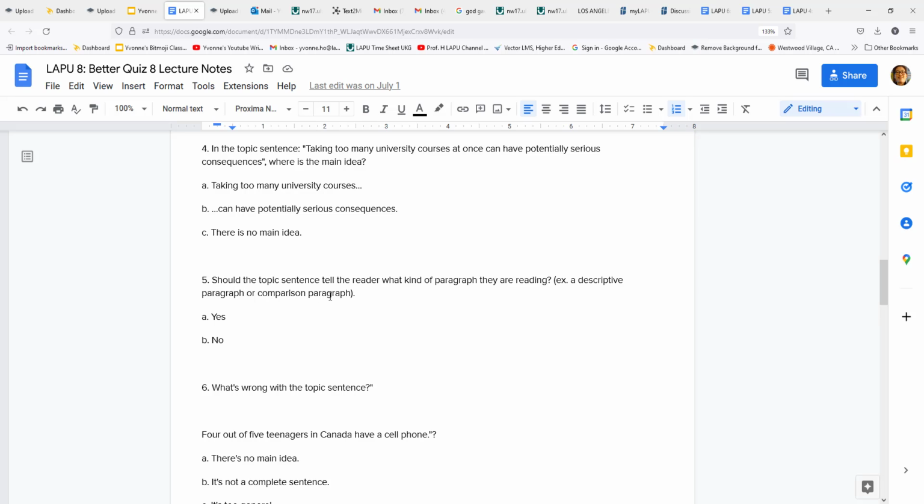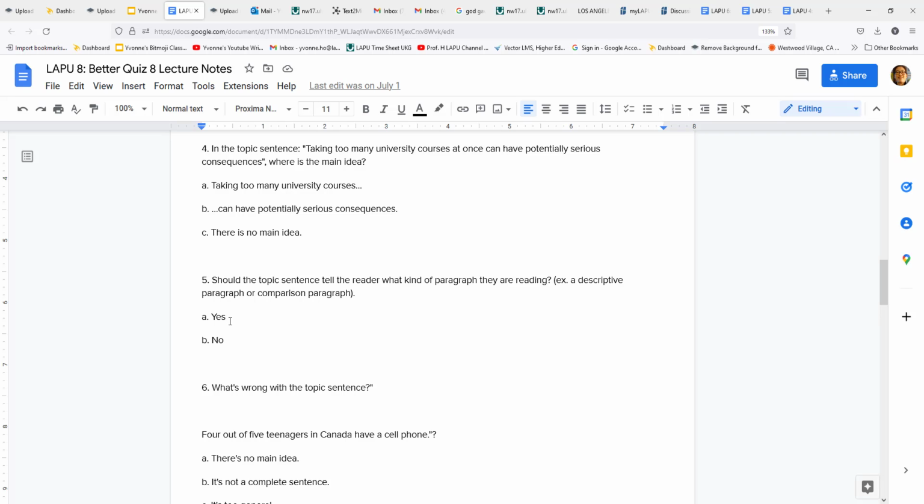Number 5. Should the topic sentence tell the reader what kind of paragraph they are reading? For example, a descriptive paragraph or a comparison paragraph. Yes, because when you have a descriptive paragraph, your topic sentence could be "Going to the beach is relaxing and stress-free for the beachgoer."